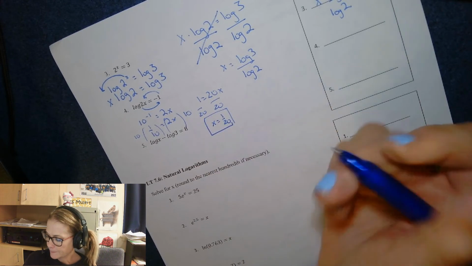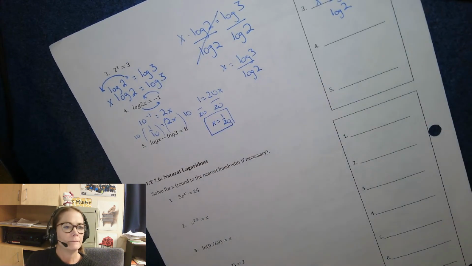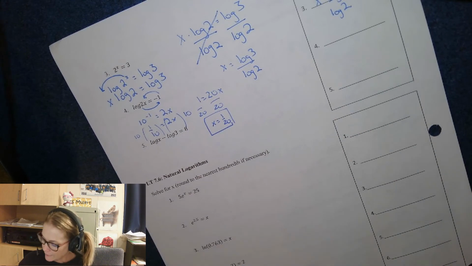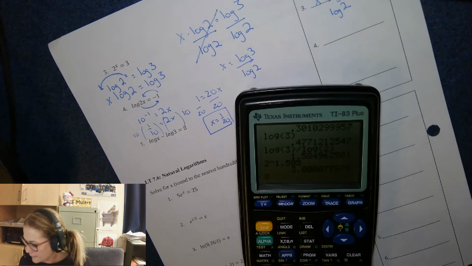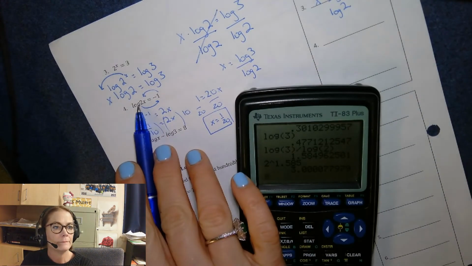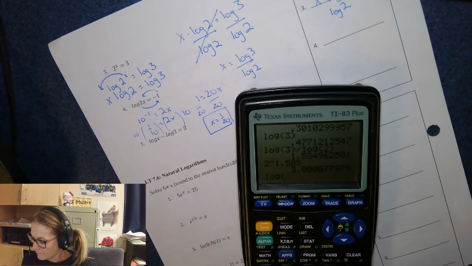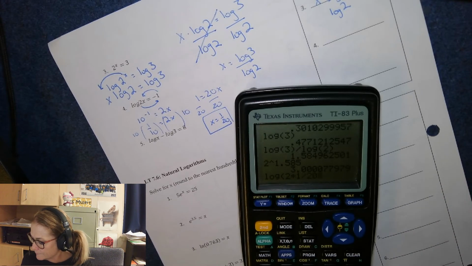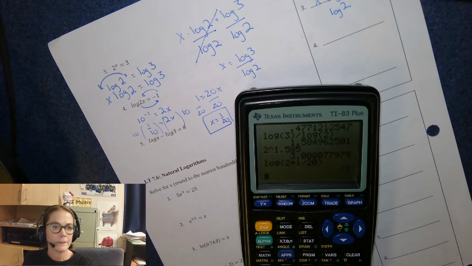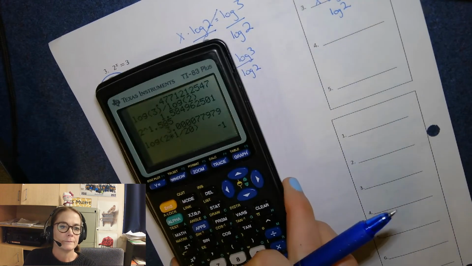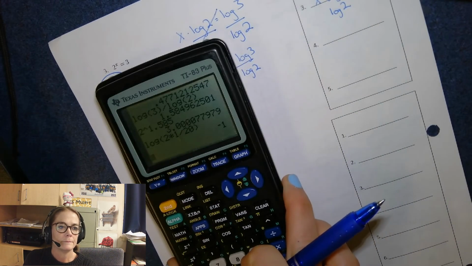If you were to put that into the calculator, that's a common log, so I can do that. Log of 2 times 1 over 20 certainly equals negative 1.